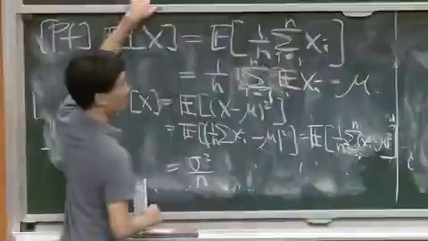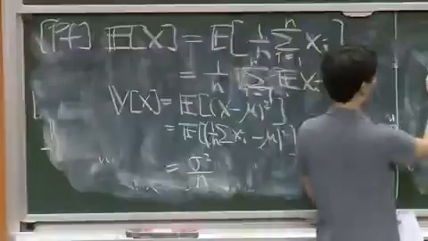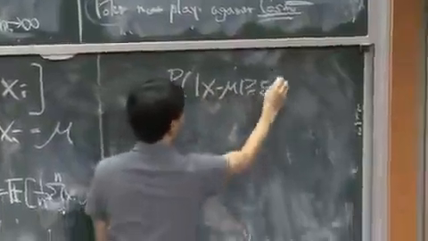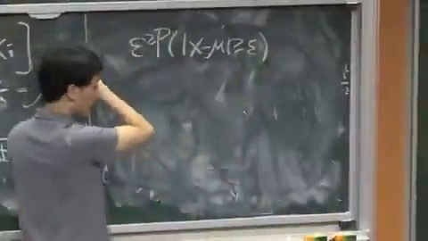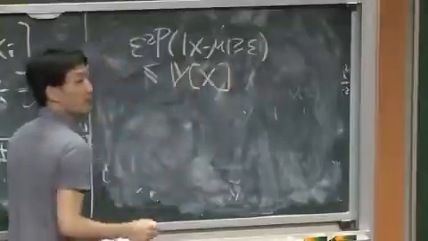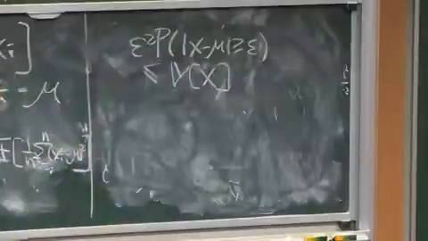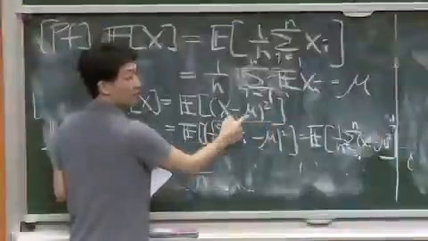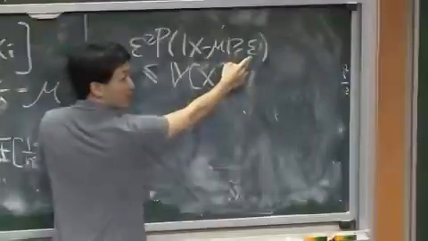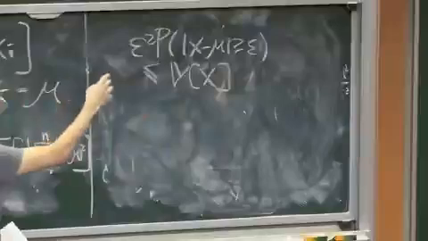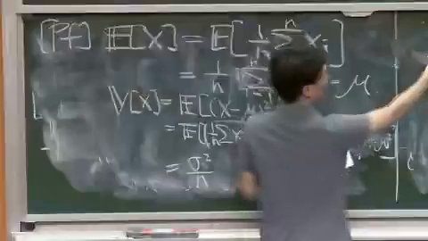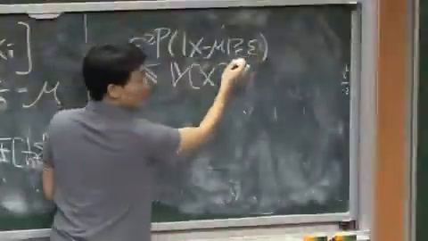And using that, we can prove this statement. There's only one thing you have to notice: the probability that |x bar minus mu| is greater than epsilon, when you multiply this by epsilon squared, will be less than or equal to the variance of x bar. The reason this inequality holds is because the variance of x bar is defined as the expectation of (x bar minus mu) squared. For all the events when you have |x bar minus mu| at least epsilon, your multiplying factor will be at least epsilon squared when you fall into this event.